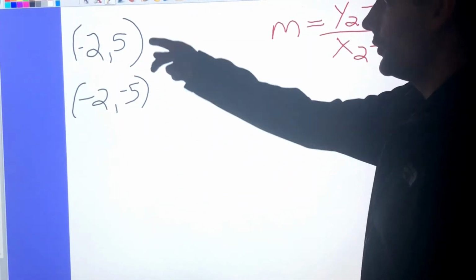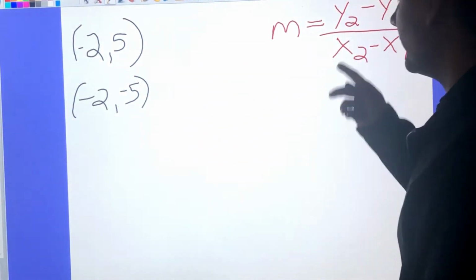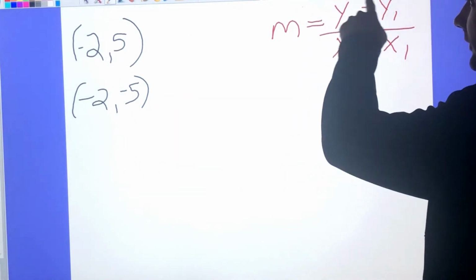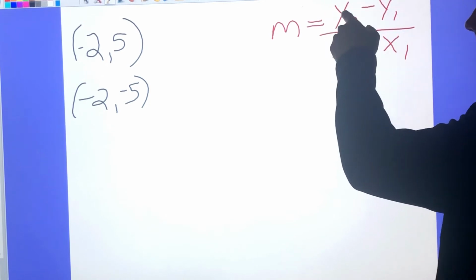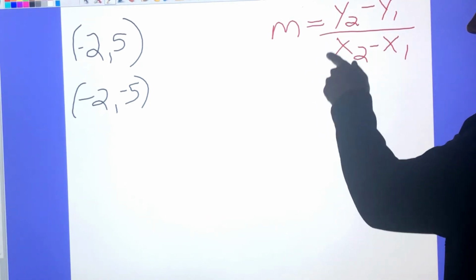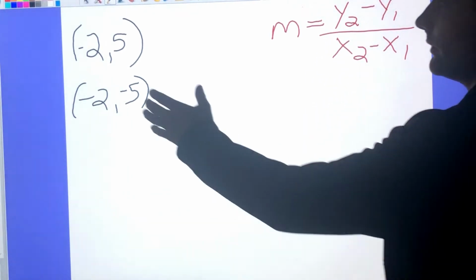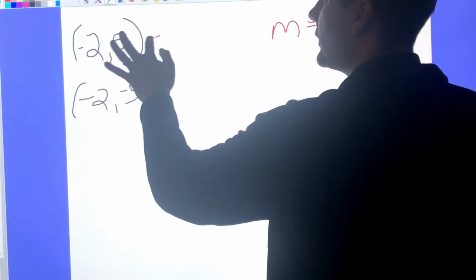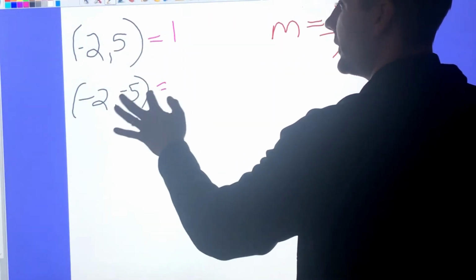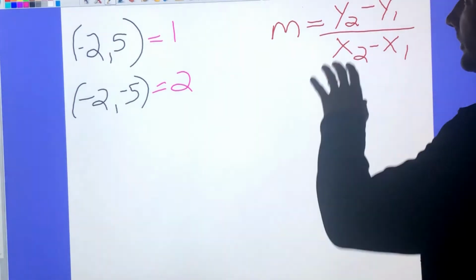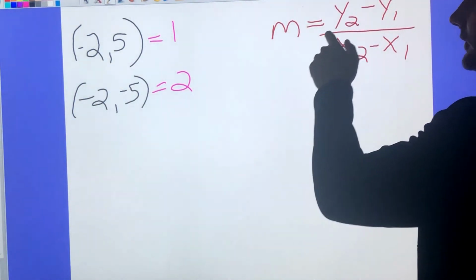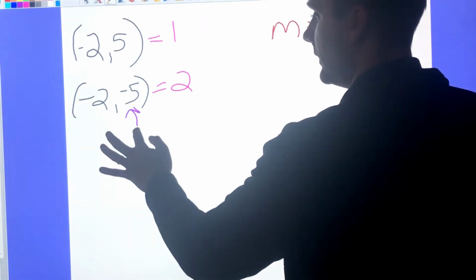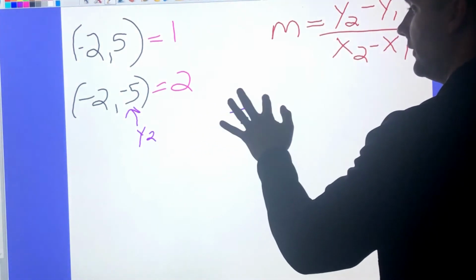Now, if we're given 2 points on a line and we're asked to find the slope, what we'll want to do is plug it into this slope formula here, where I have my y2 minus y1, the change in my y, over x2 minus x1, the change in my x. Now, it doesn't really matter which one you pick as your 1 or 2. I'm going to just call this one and this 2, because it'll work either way. So you want to plug it in directly, y2, so this is my y value here, so -5.